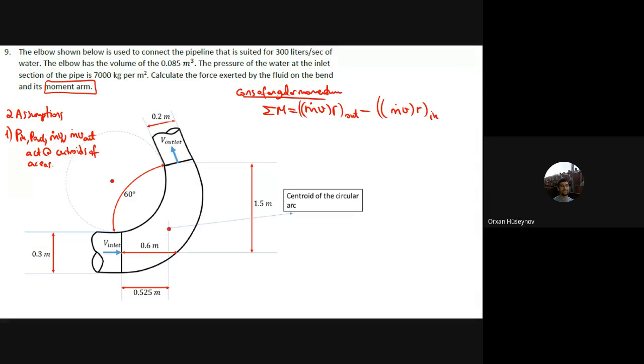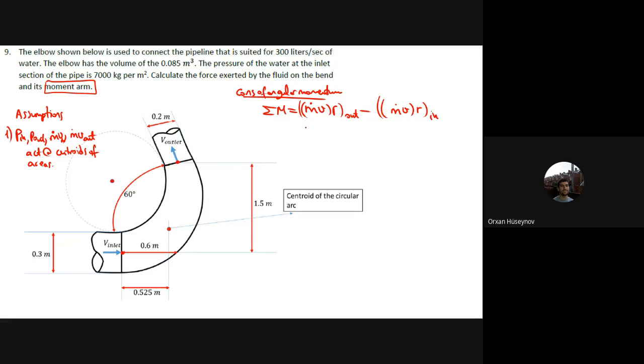That means that the resultant pressure acts here, and the momentum acts here. In reality it is a bit different from the centroid, but the distance is so small that you can assume they act at the centroid of the areas. So there is no second approximation, therefore it is good.